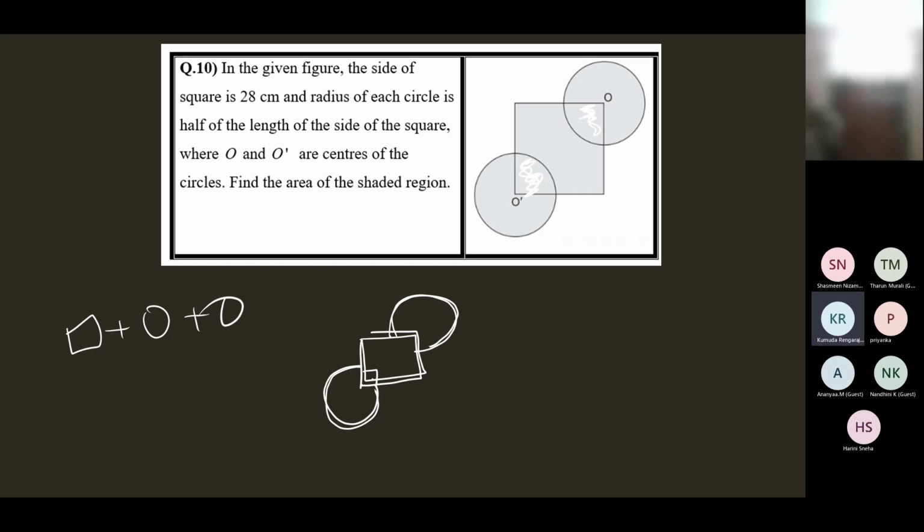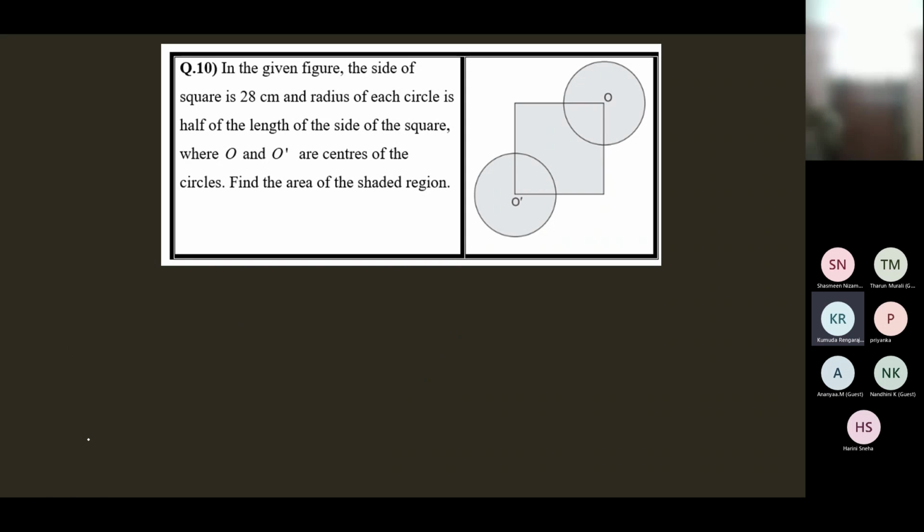This one is 90, so this will be 360 minus 90, 270 degrees. So the area of the square plus the area of the 2 major sectors, 270 by 360 into pi r square, will give you the area of the shaded region.